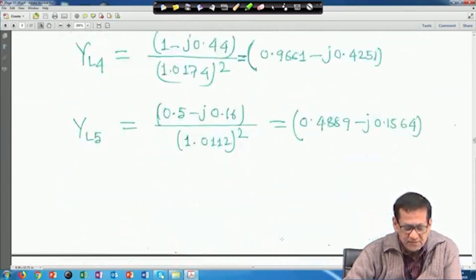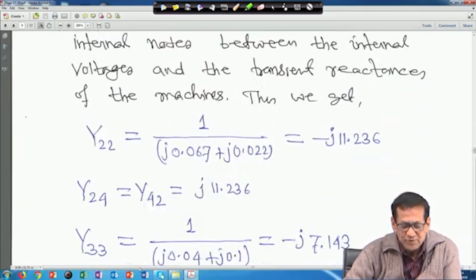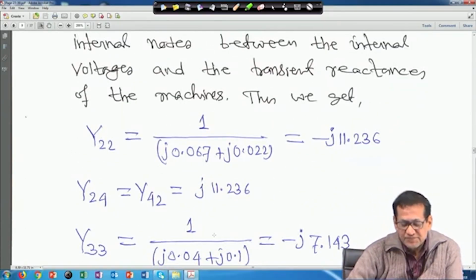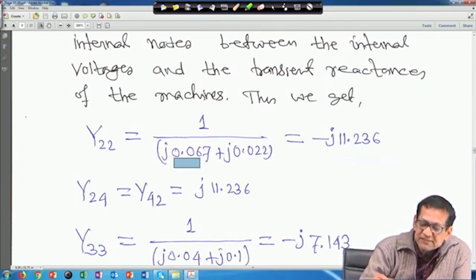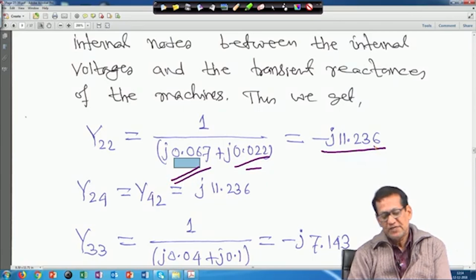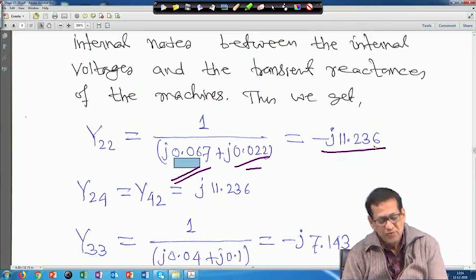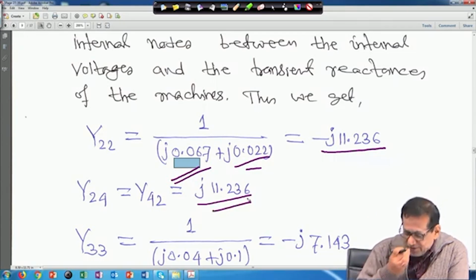So, therefore, Y22 will be 1 upon j0.067 plus the transformer, which comes to minus j11.236, and Y24 will be Y42, which is plus j11.236.